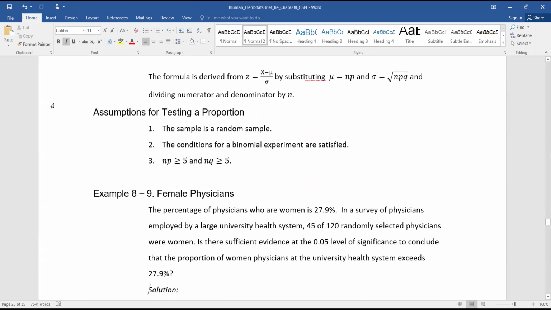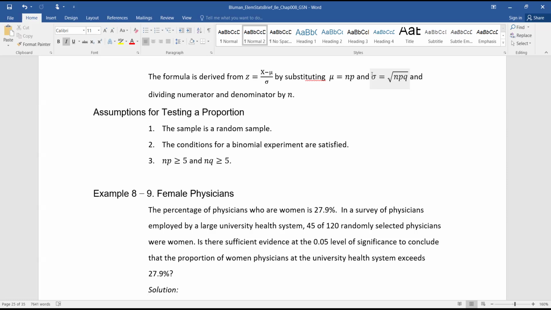The formula is derived from the z-score of the sample mean minus population mean divided by population standard deviation, by simply substituting in np for your population mean and the square root of npq as your population standard deviation, and dividing the numerator and denominator by n.